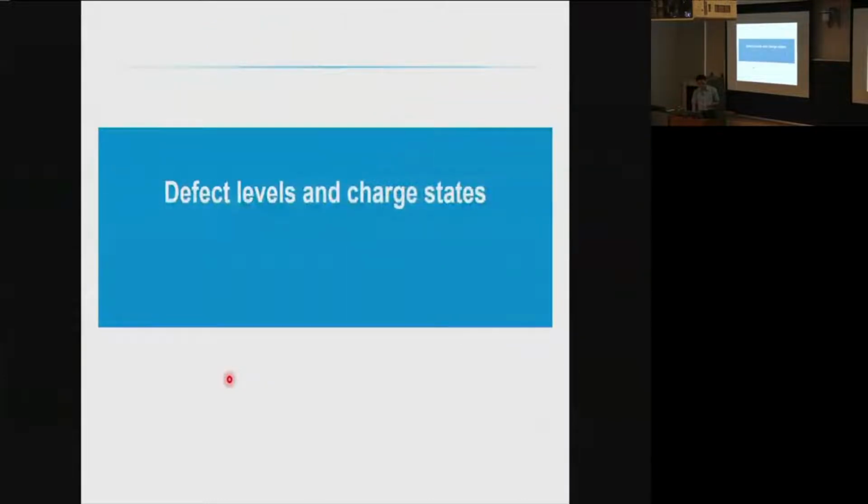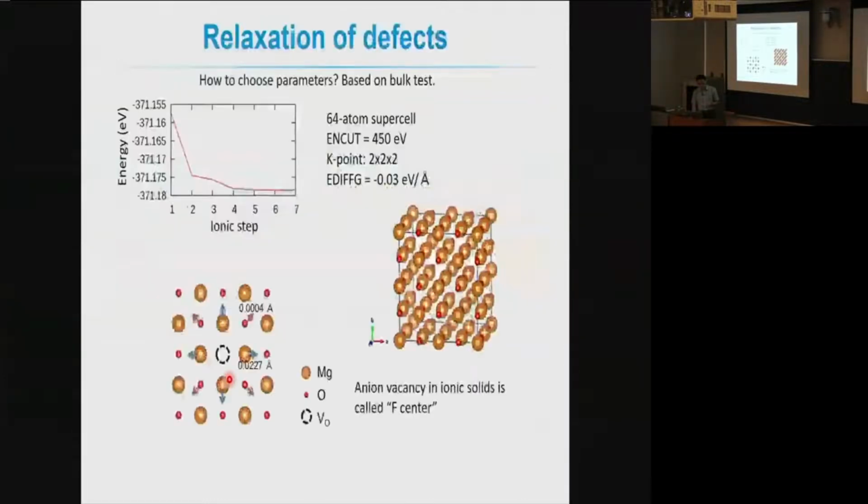And here we will specifically use the example of the magnesium oxide (MgO) or rock salt structure, which is a very good, well-known, standard insulator with the band gap of almost like 7 or 8 electron volt. Okay, so here in the magnesium oxide MgO, we want to calculate the oxygen vacancy.